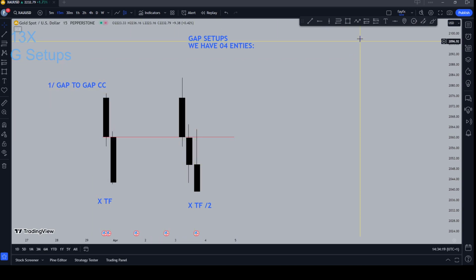Whenever you find this combination, price will go up to reach that level and go down. You can instant sell here once price reaches that level. Same thing here.